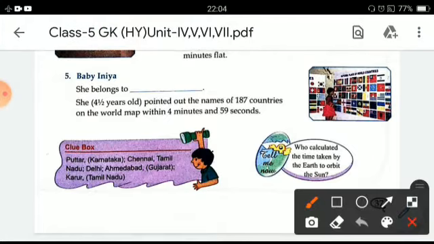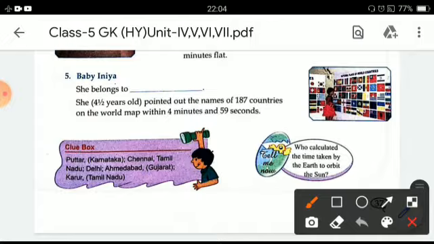Fifth one and the last one is baby Anya. She, 4.5 years old, pointed out the names of 187 countries on the world map within 4 minutes and 59 seconds.